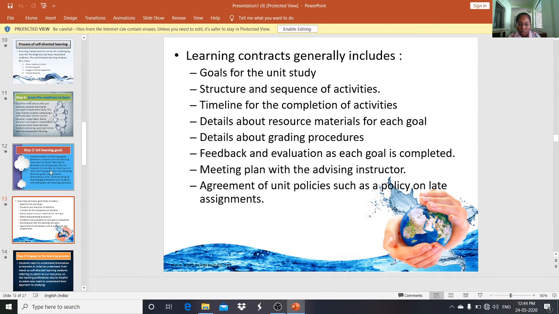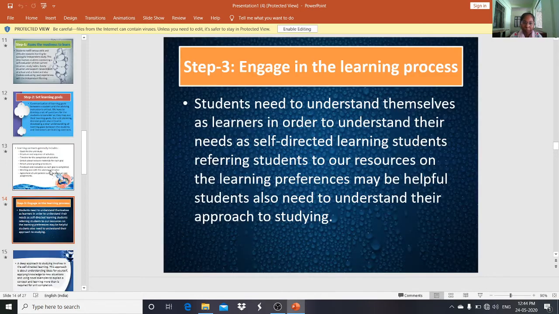Everything we have to set, and with feedback and evaluation, then only will we achieve a good outcome. Meeting the plan with the advising instructor, and agreement of unit policies such as a policy on late assignments. We have to set an agreement for not having any late assignments.